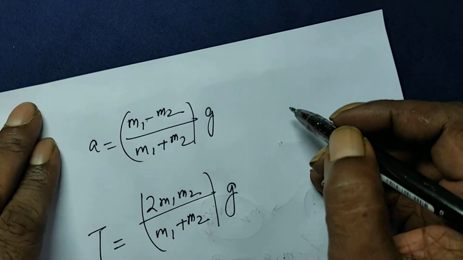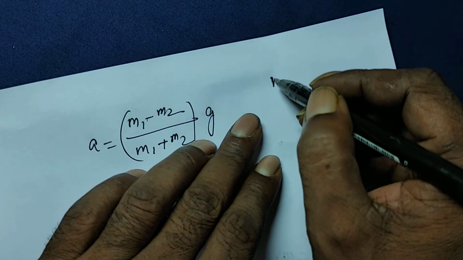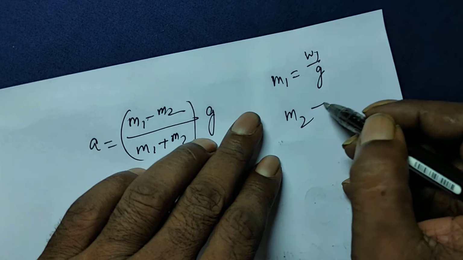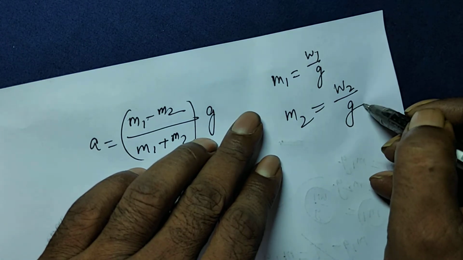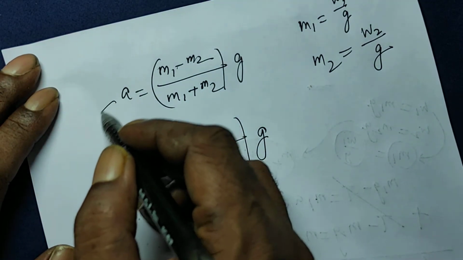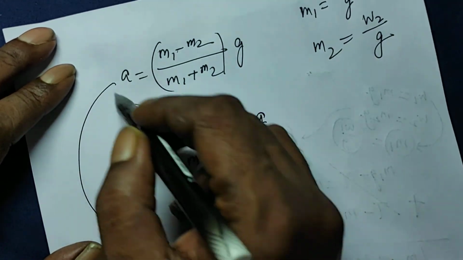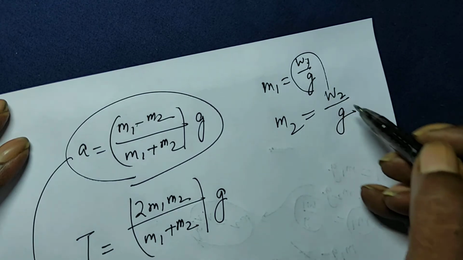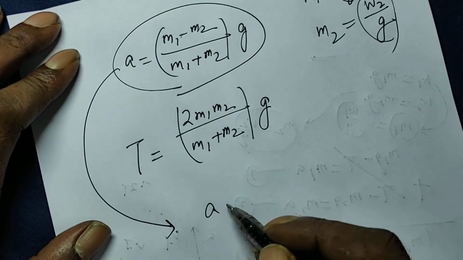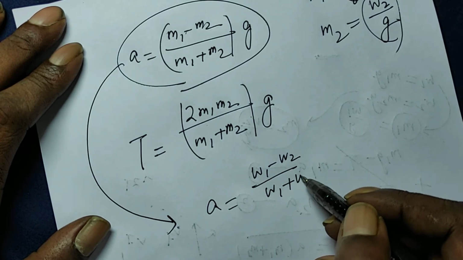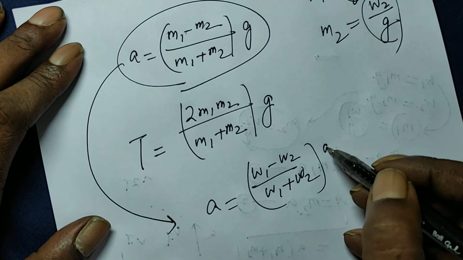If you substitute m1 is equal to w1 over g and m2 is equal to w2 over g, where w1 is the weight of m1 and w2 is the weight of m2, then this expression in terms of w will look similar, meaning a will come out to be w1 minus w2 over w1 plus w2 times g.